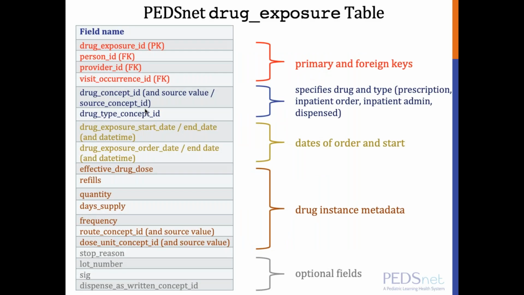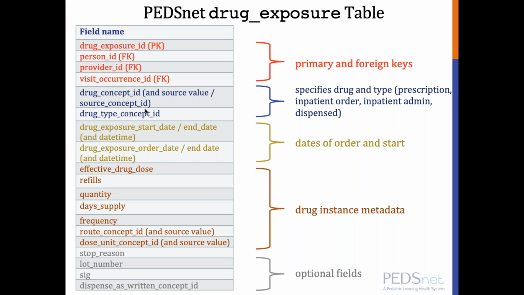The data themselves are represented in the table similarly to diagnoses. So there are the keys up top, right? A unique identifier, who took it, who prescribed it, when it was taken. There are the ways you get at what drug is involved. So the drug concept ID tells you what the drug is, amoxicillin or prednisone or etanercept, right?